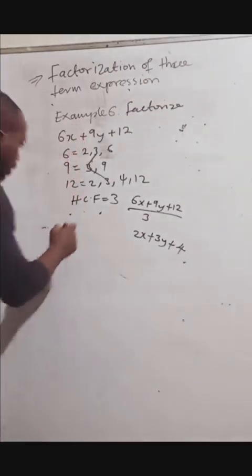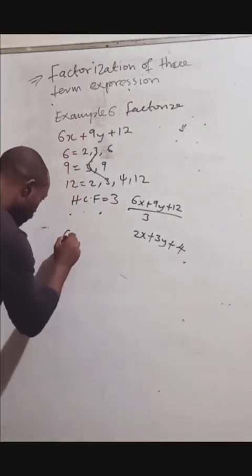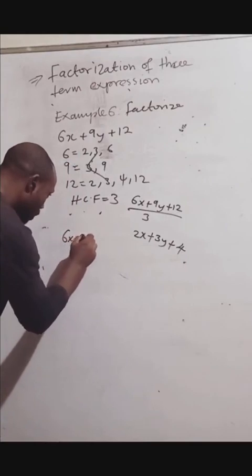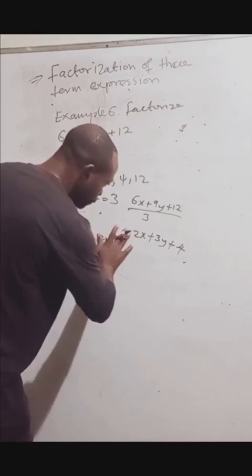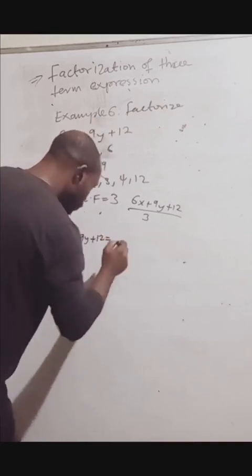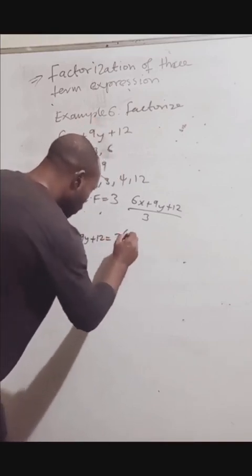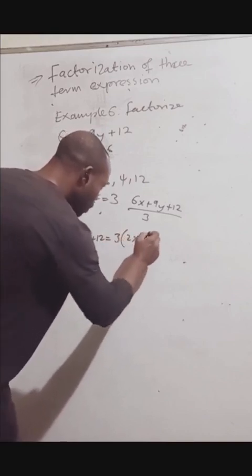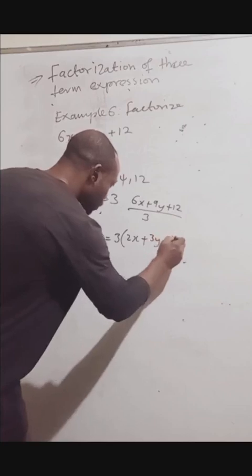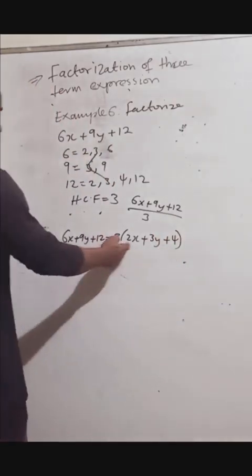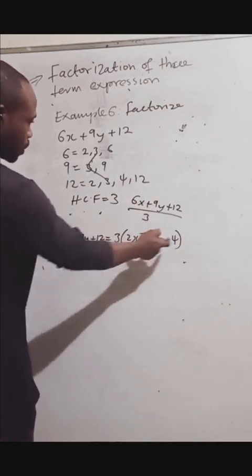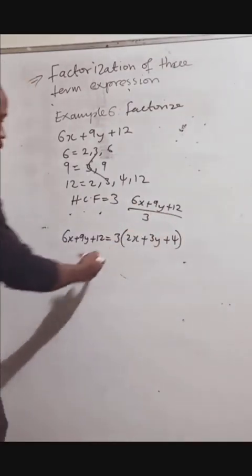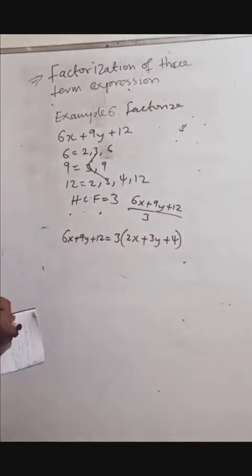Therefore, we can express 6x plus 9y plus 12 as 3 multiplied by 2x plus 3y plus 4. 3 multiplied by this is 6x, 3 multiplied by this is 9y, 3 multiplied by this is 12. So this is the factorized version.